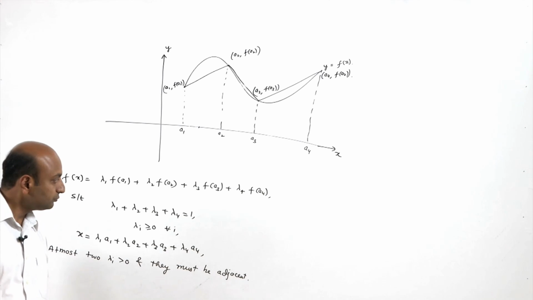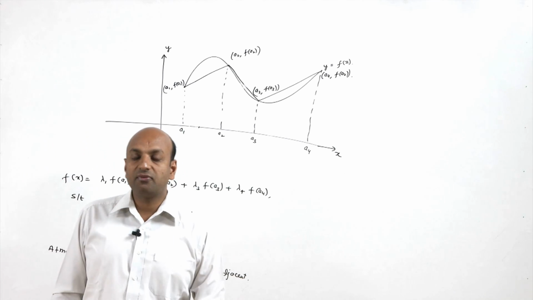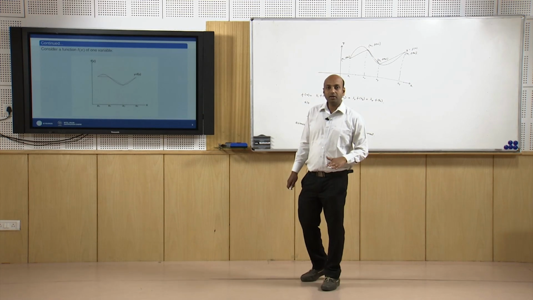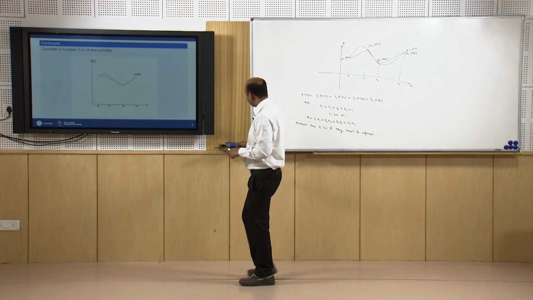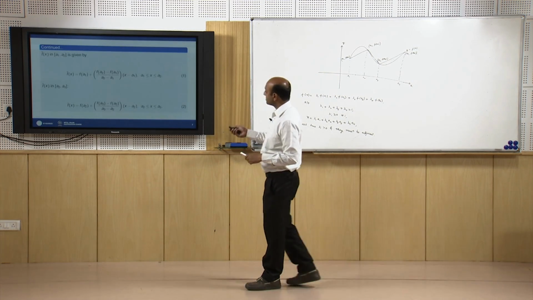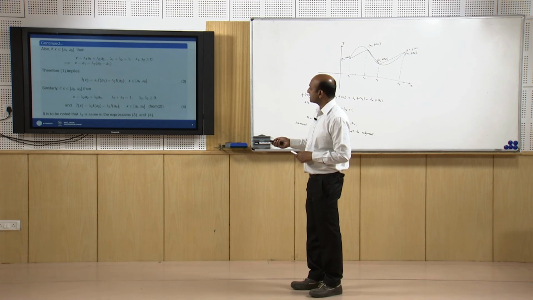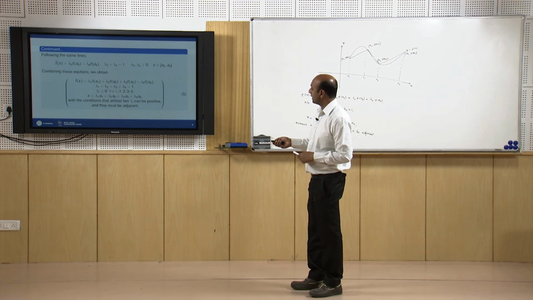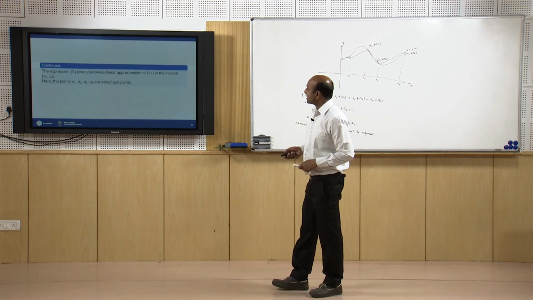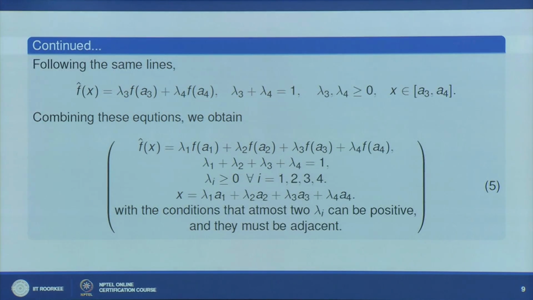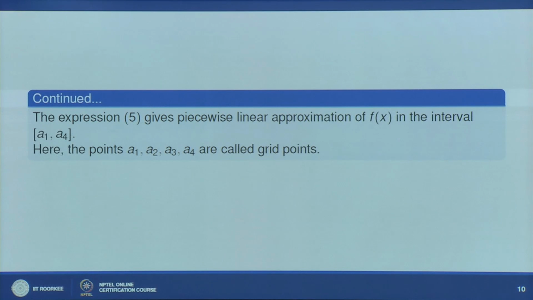So, in this way we can find out a linear approximation of a given function f. All this description is in the slides. So, expression 5 gives piecewise linear approximation of f(x) in the interval a1 to a4. Here the points a1, a2, a3, a4 are called grid points.